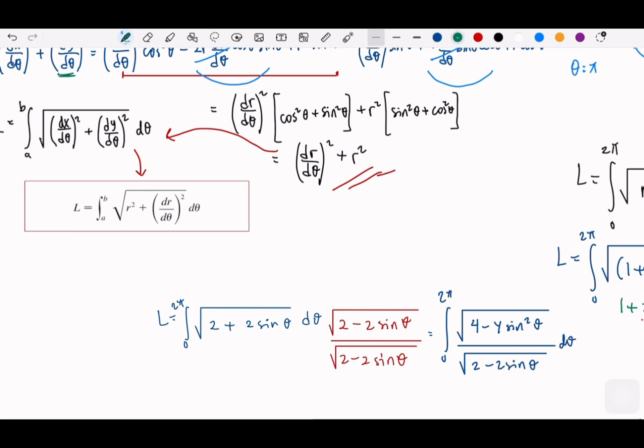Now remember, here we can make this as 1, which is why it is cosine squared.